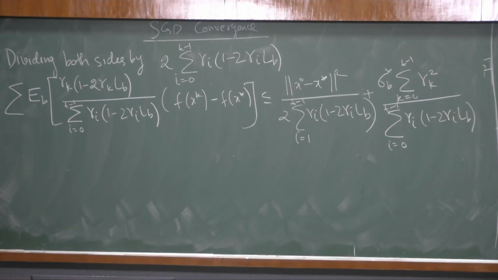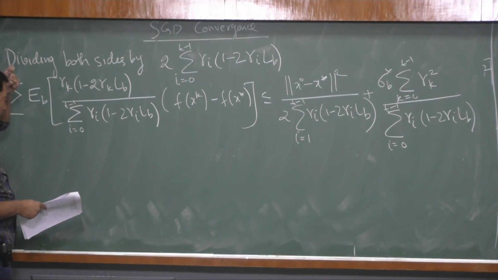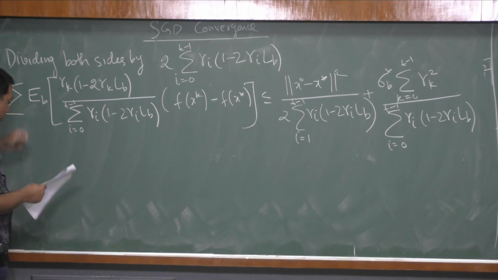Okay, so that's our bound, and to apply Jensen's inequality, what we have to know is that these are convex combinations, right? So basically they sum to 1. These are the weights that sum to 1, and in that case I can take this inside f. So that's the step.